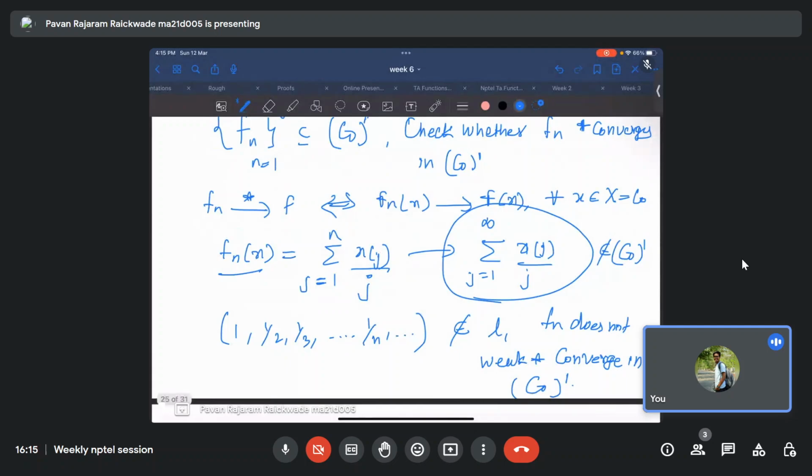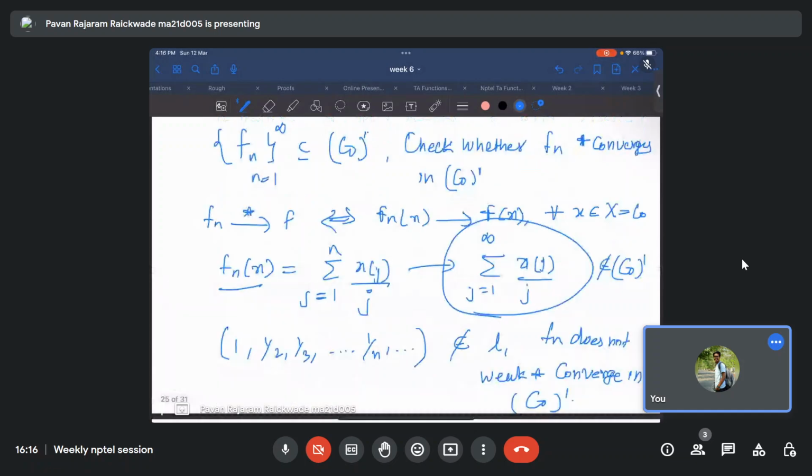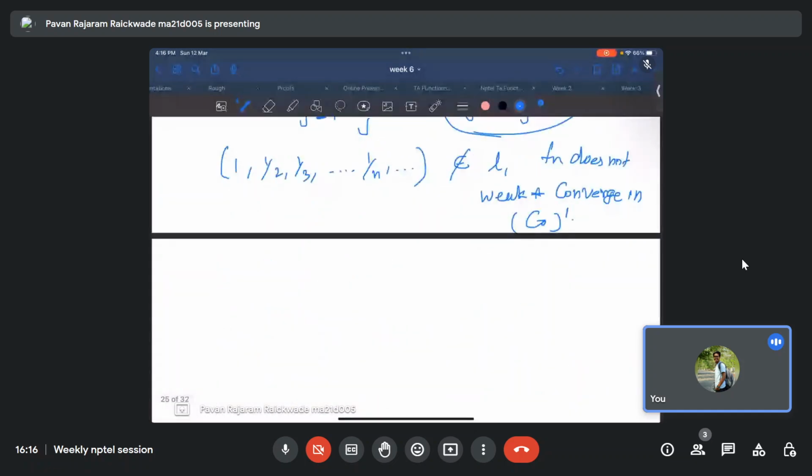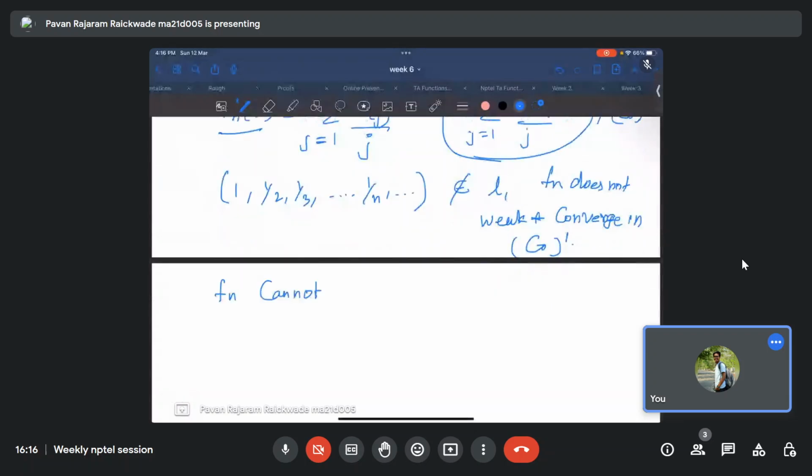So kind of intuitive, you have to think about it. Also, I can give another argument here for the same example. I want to show that this Fn cannot weak star converge in C naught dash.